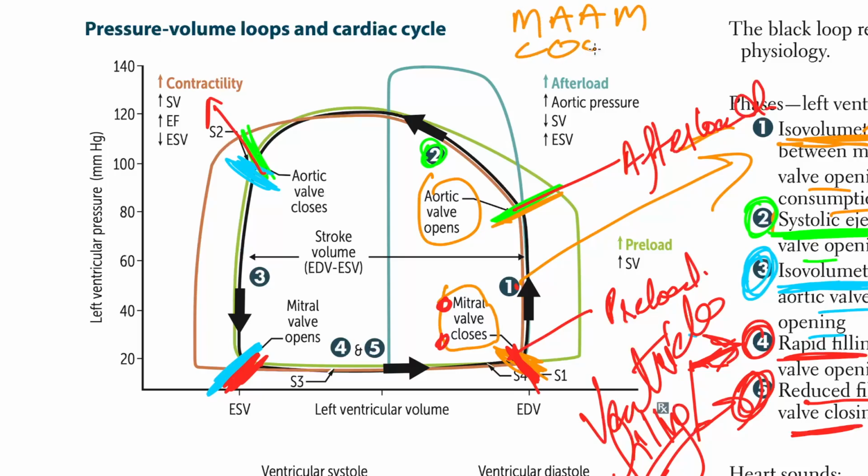Let's look at the first one: mitral closure, MC, that's 1. 2, aortic opens. Third, aortic closure. And MO, mitral open, is the 4th point. So in order to memorize the graph, like where the valves are closing and opening, MAM COCO could be a mnemonic that you can utilize.